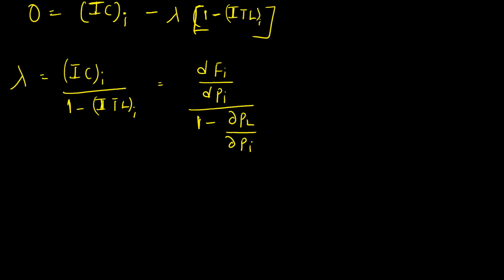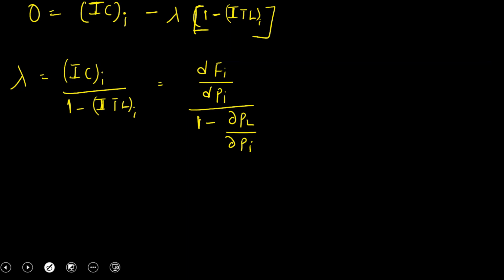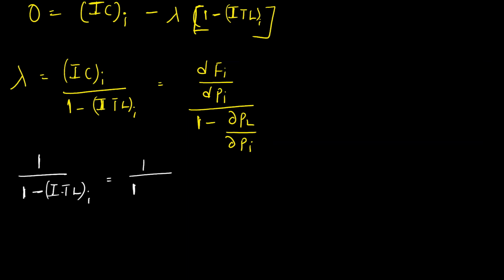So this value, we are calling as 1 by 1 minus ITL of the ith unit, that is equal to 1 by 1 minus dou PL by dou Pi.